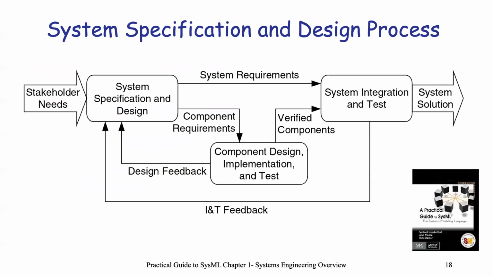So as I'll be doing in this course, I'll be mentioning the various textbooks that we have that we're considering part of our complement of material. And so now we're going back to the practical guide to system engineering, to SysML, sorry about that. And so this is a diagram that may be helpful for us to be considering the system specification and design process.